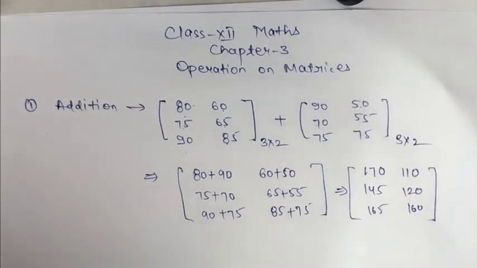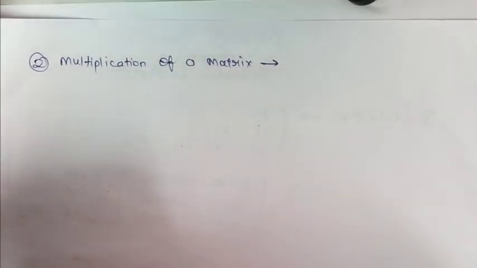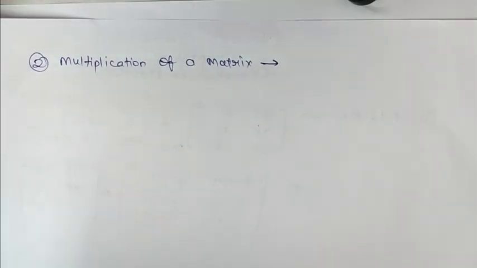Okay, now we are going to perform multiplication of a matrix. As we performed the addition between two different matrices, in the same way we are going to perform the multiplication. Suppose we have a question that Fatima has doubled the production at a factory.